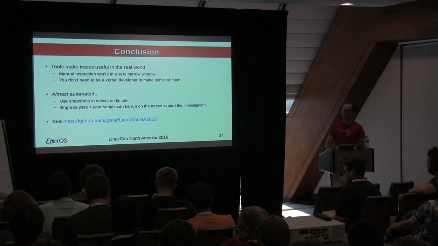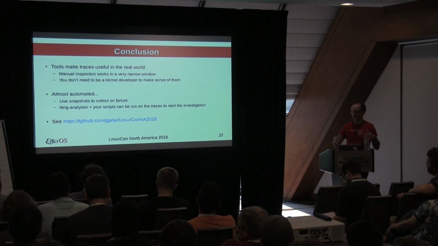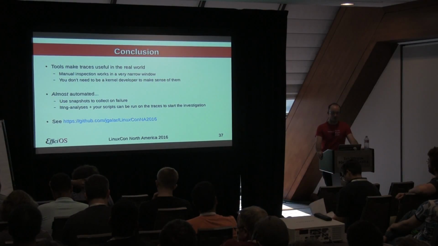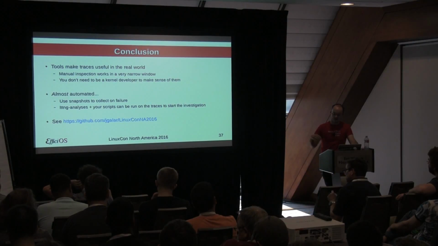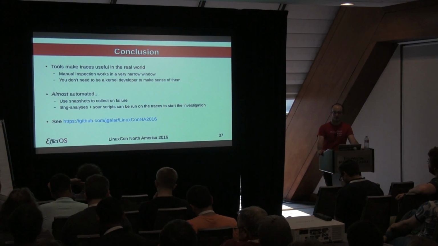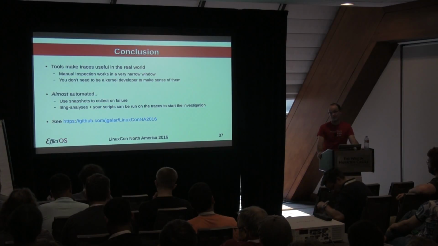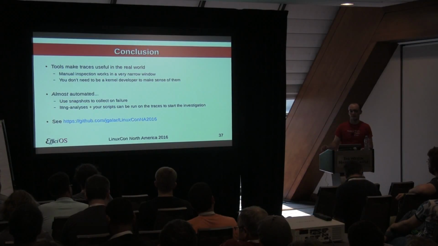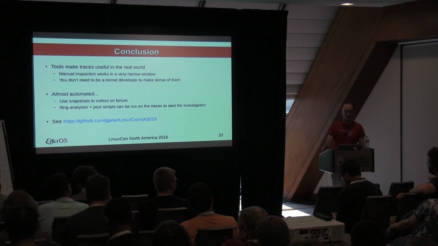If you deploy LTTng and you have a relay daemon, you can collect your traces and completely forget about what's running on the actual nodes themselves. And just focus on analyzing your snapshots, perhaps even running LTTng analyses on them in advance. And then you know where you can drill down and really start working on the investigation. So, thanks a lot.